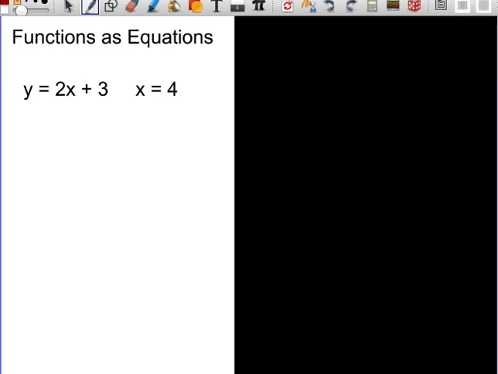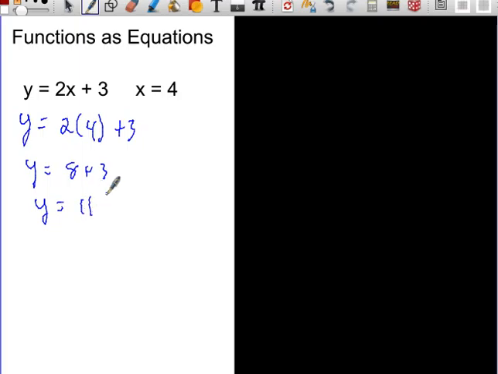But just to give you an introduction to functions, think of y equals 2x plus 3 as an equation, as a function. What happens if I know that x equals 4? What can I do then? Plug it in. I can plug it in and find my y value. So if I know that x equals 4, all I have to do is solve it. y equals 2 times 4 plus 3. y equals 8 plus 3. So therefore y equals 11.